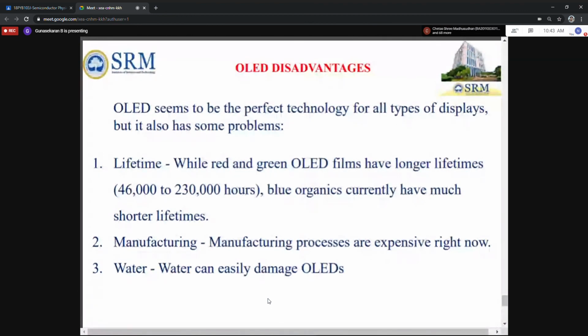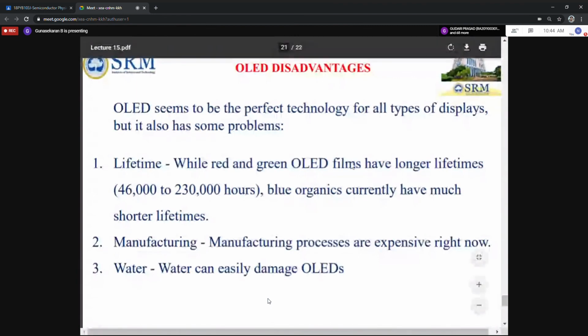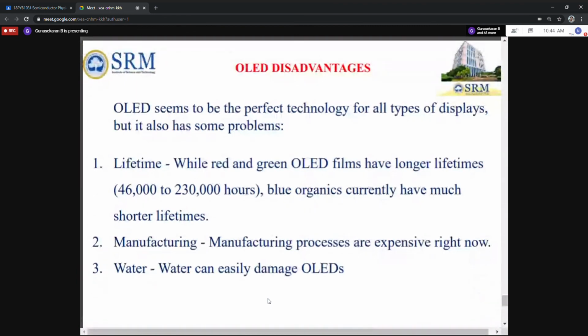But for the same, for example, if I take an LED, that is only 14 watts, but the cost is 450 rupees. They give 2 years warranty. But anyway, you save more with less power consumption, but that is expensive. Then water. Water can easily damage these OLEDs. So these are all the disadvantages of OLEDs.